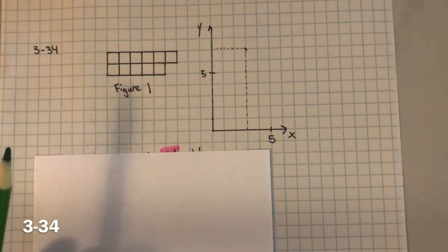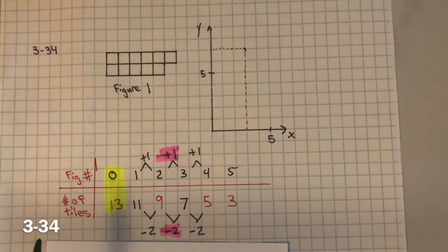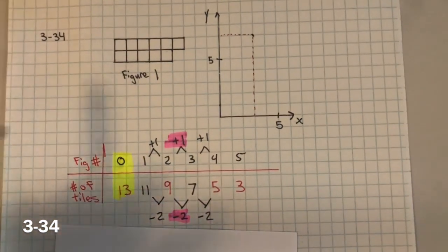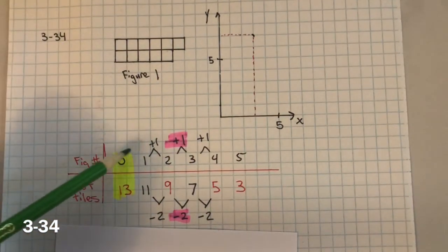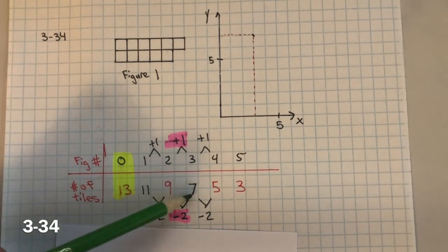So what I did is I plugged that into a table. There are many ways of solving this problem, but this is just one of them. Figure 1 has 11. Figure 3 has 7.